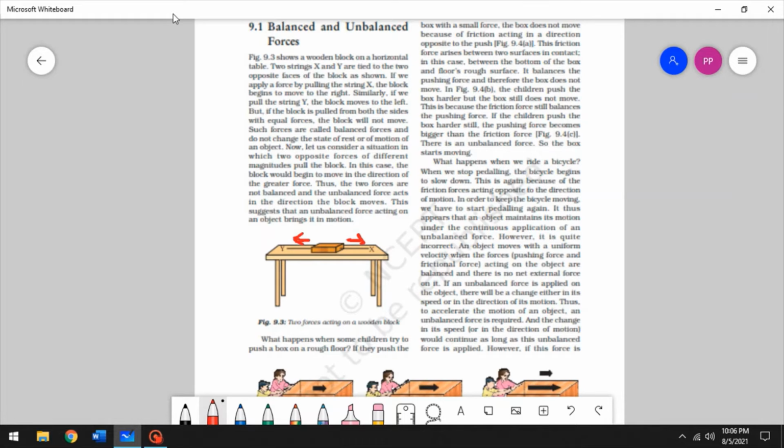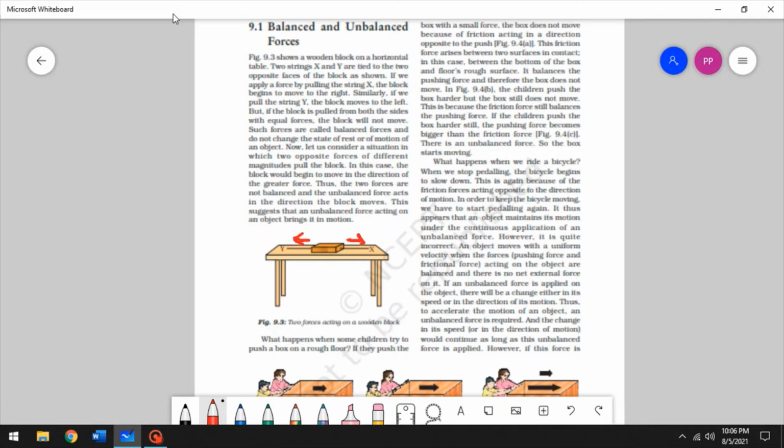Alright, so if you hold X, just X, not Y, and pull by the string X, you will see that the brick shifts to the right. Similarly, if you leave the X side of it, and if you hold the Y side of the string and you move it to the left, you will see that the brick also moves to the left.